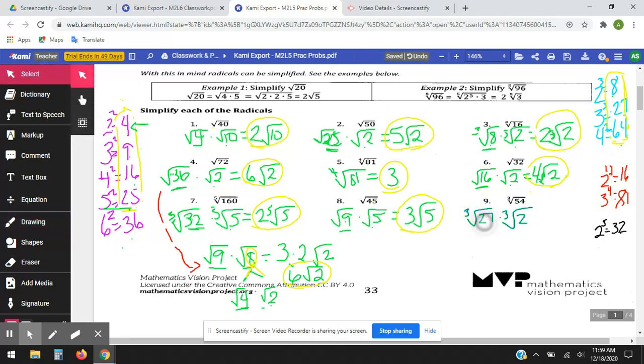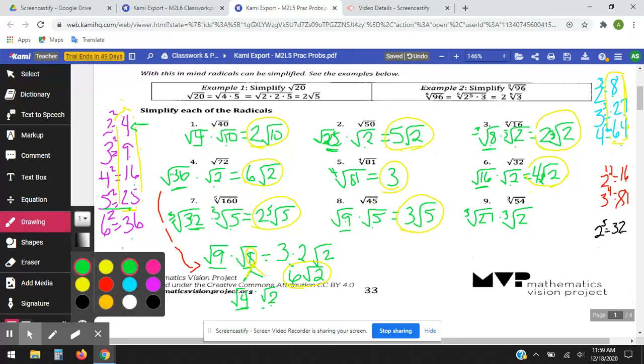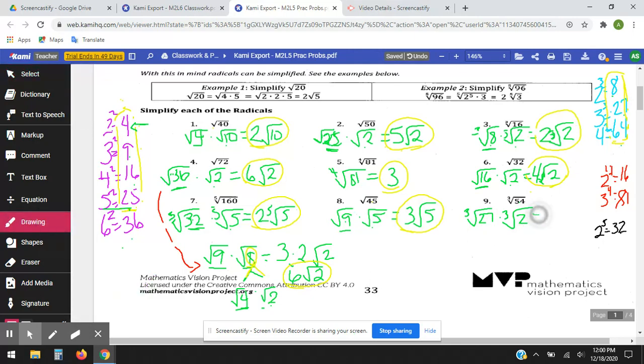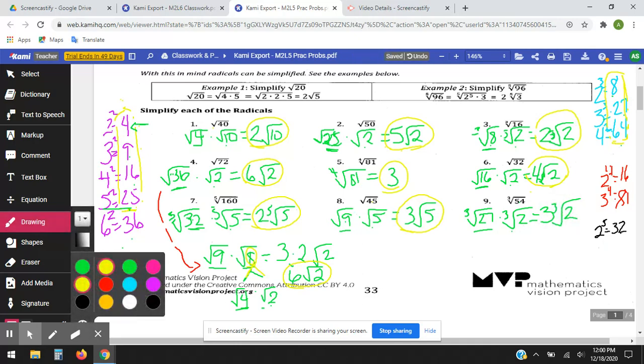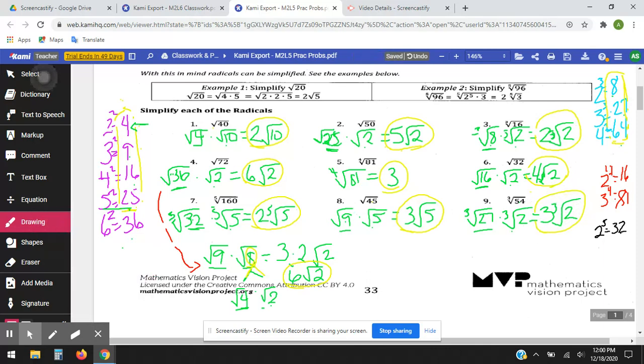Just to make sure, 27 times 2 does give me 54. So cubed root of 27 is 3, and I still have a cubed root of 2. And so now I've gotten through all of those and simplified.